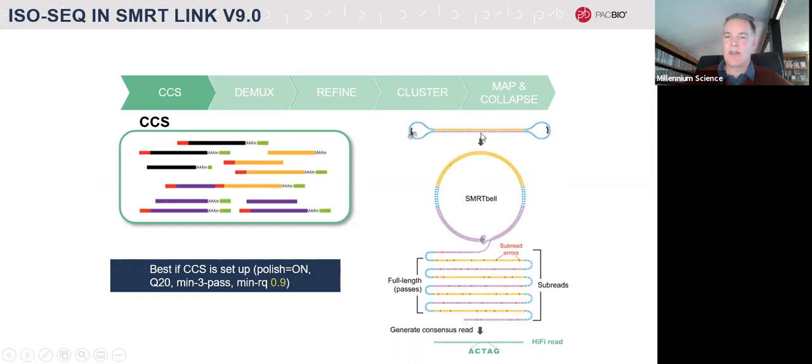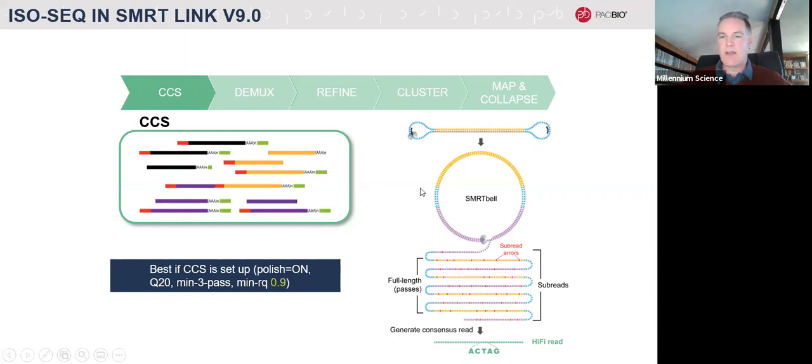It needs to do at least 3, so it needs to go at least purple, yellow, purple to get minimum 3 passes. But hopefully with your sequencing run and the movie time that you set on the sequencer, you'll get multiple passes, more than 3. You also require probably setting the minimum RQ at 0.9.